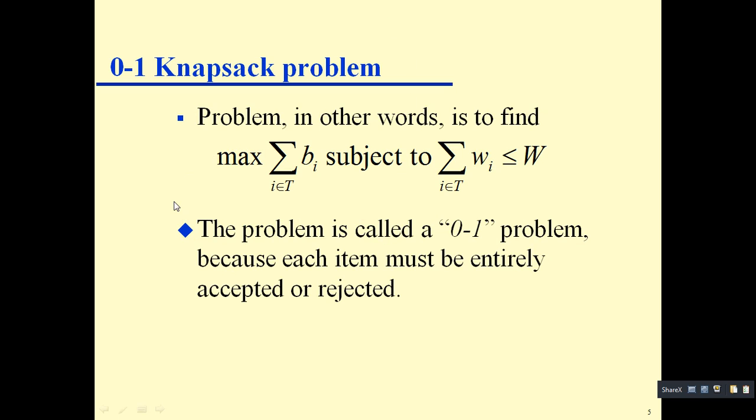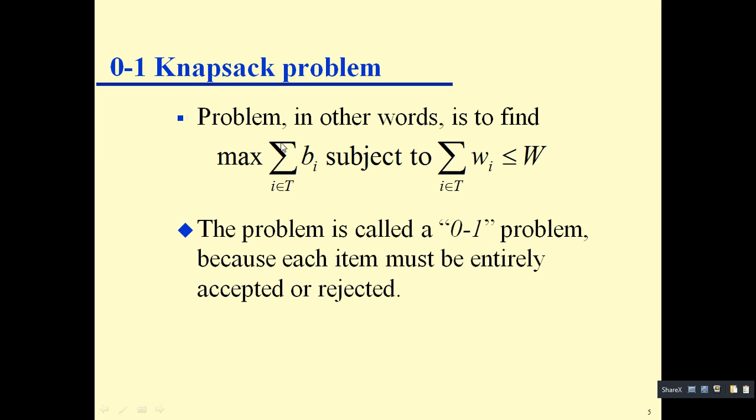So we can mathematically model our problem like this. Bi denotes the value or the cost of an item. So we have to sum all the costs of items.